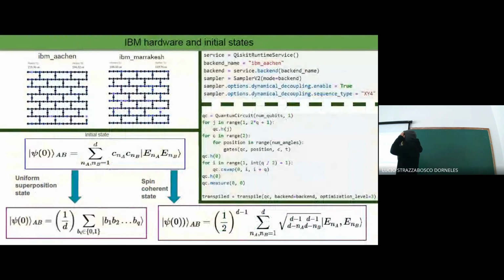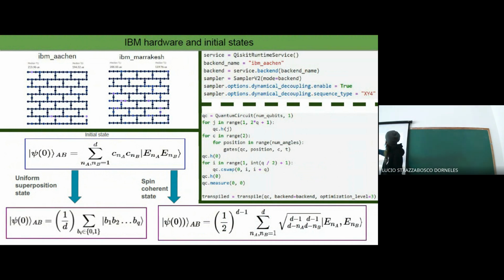On the IBM hardware, we have used two types of chips. First, we did 4 experiments, and one of them was on Marrakesh, where we started, and then for the other 3 we used Aachen, because Marrakesh turned out to be not that good.